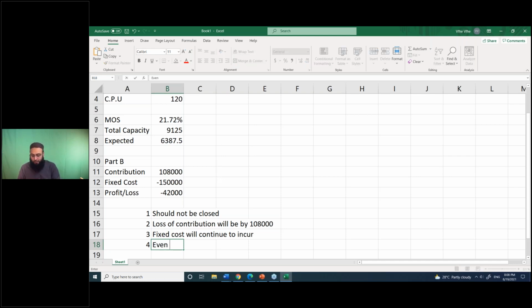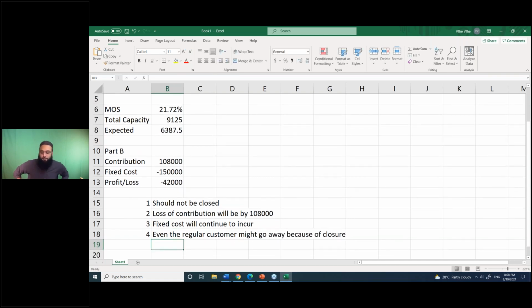So even the regular customer might go away because of closure. Are you getting my point? So this is definitely a risk that your regular customer might go away because of closure.